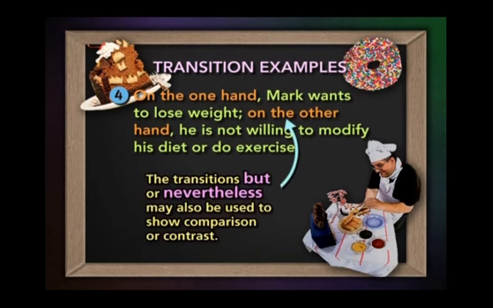I could have used but or nevertheless. They show comparison or contrast. So returning for a moment to the beginning, I've done cause and effect, I've used example, I've used order of importance, and I've used comparison and contrast. So I've used my transitions to create unity and cohesion and logic in my writing.